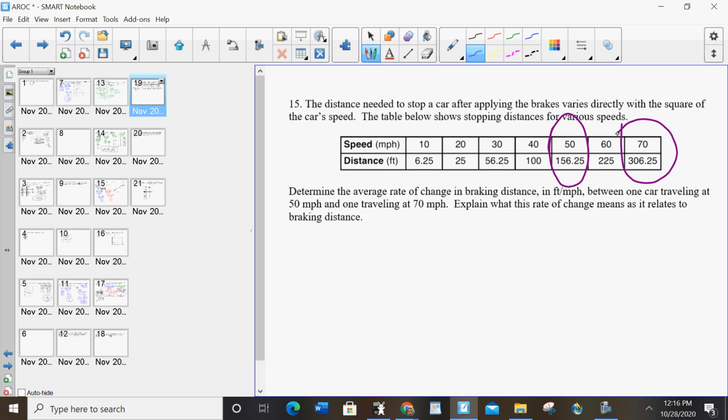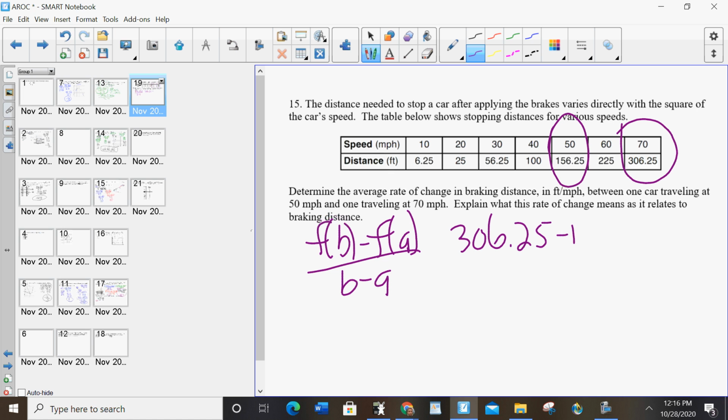All right. Average rate of change is f of b minus f of a over b minus a. F of b and f of a are the y values. 70 and 50 are the x values.